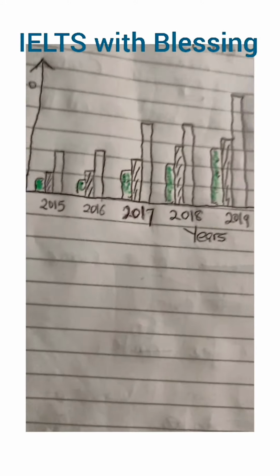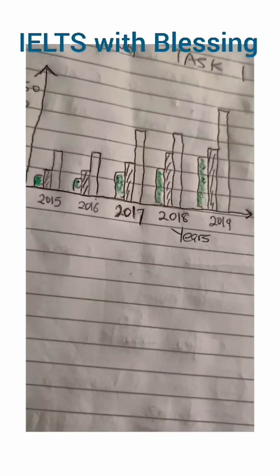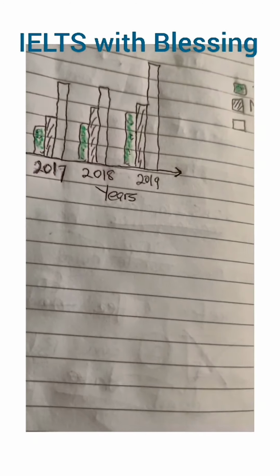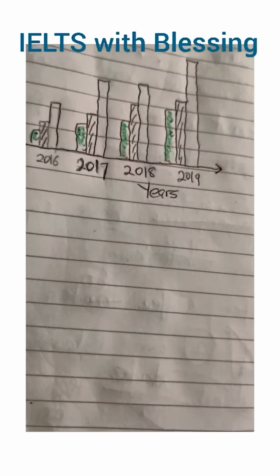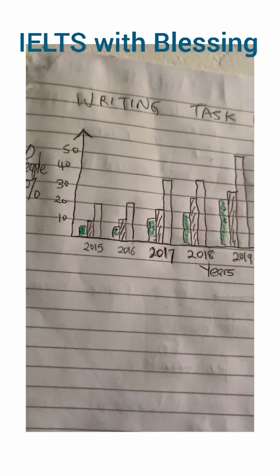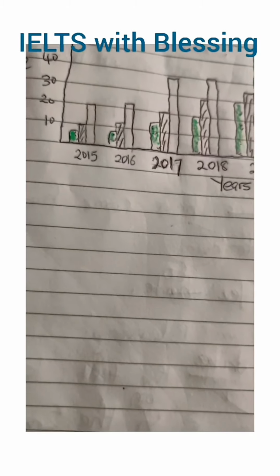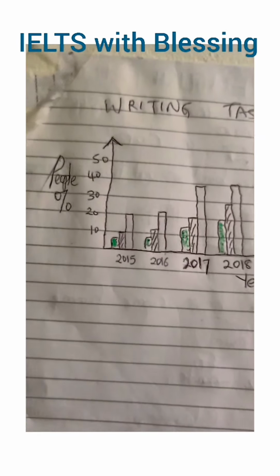Now let's go straight to the analysis of the chart and how you're going to answer a question like this. The first thing to note is you should divide your answer into paragraphs. So the first paragraph of the answer is to paraphrase the question.